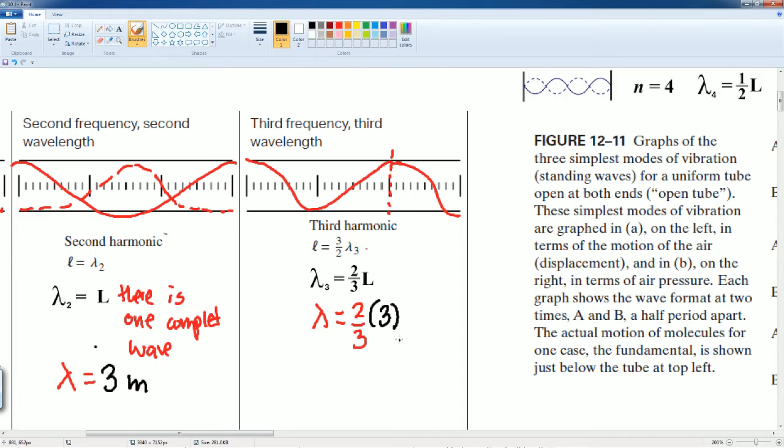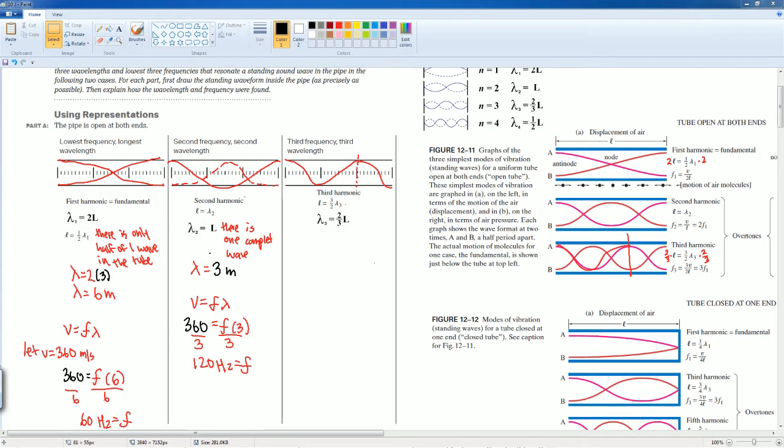Okay, 2/3 L times 3. All right. So you're not gonna like this explanation, but this lambda here is actually now going to be the new lambda for the third harmonic, 1.5 meters. Okay, so as you go from the first harmonic to the second to the third, the wavelength basically keeps breaking down smaller and smaller.